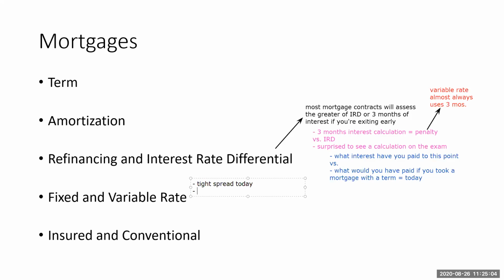Okay. So generally speaking, and this is very general, this is far less the case than it has been in the past, but fixed rate mortgages just have more different terms available.